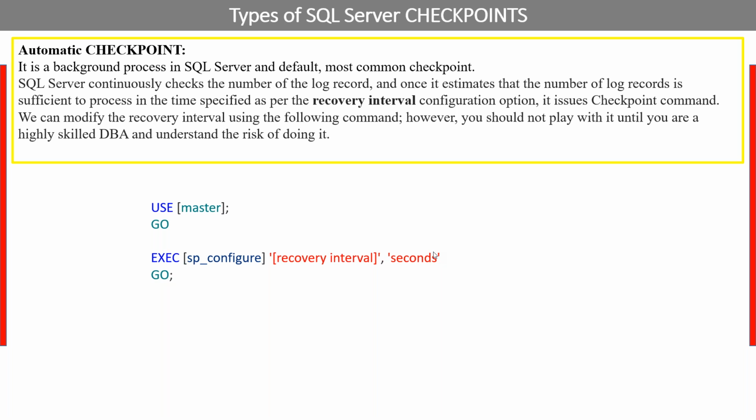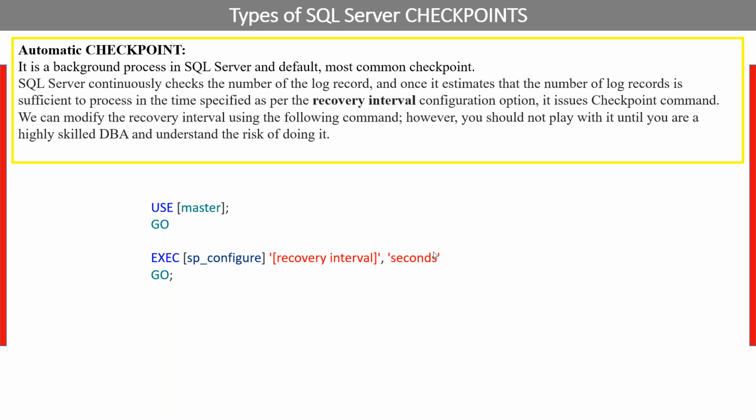Then it will start triggering the checkpoint. So there is no specific time interval. The default is 0, but you can change it to 2 seconds or 10 seconds, meaning a checkpoint will trigger every 2 or 10 seconds.